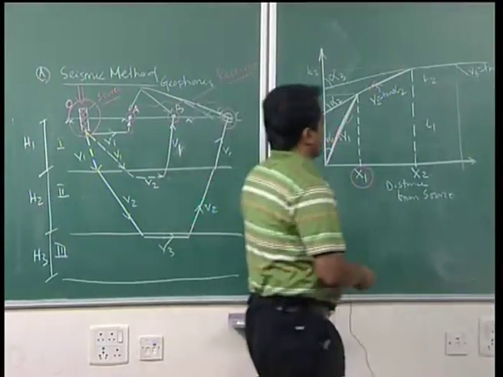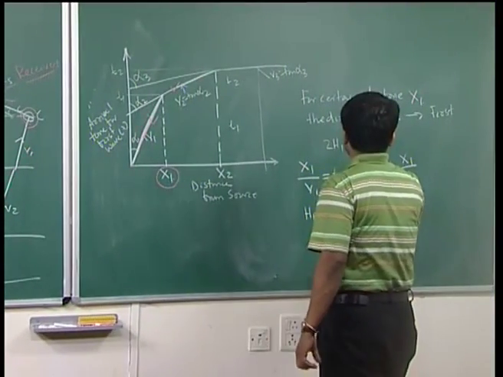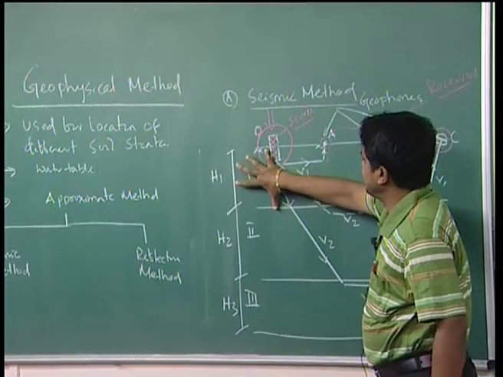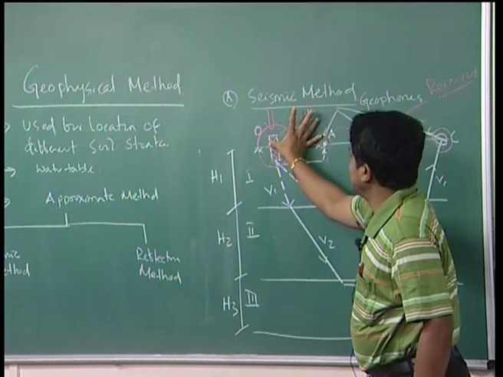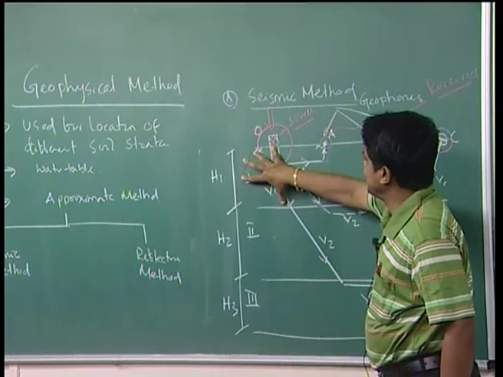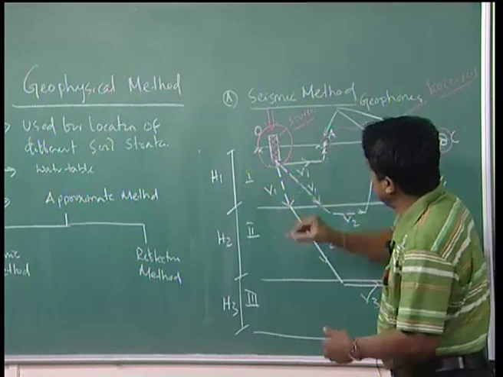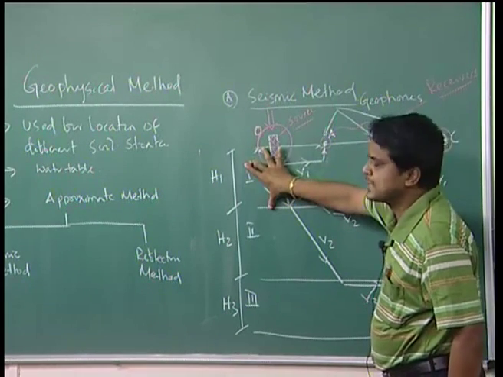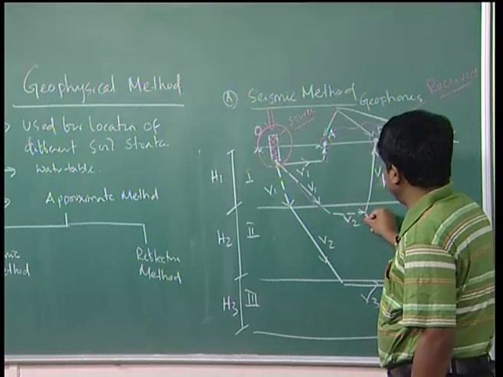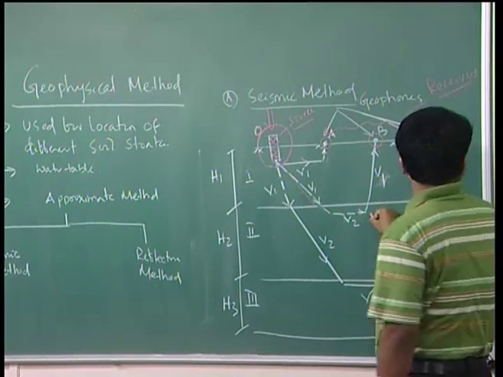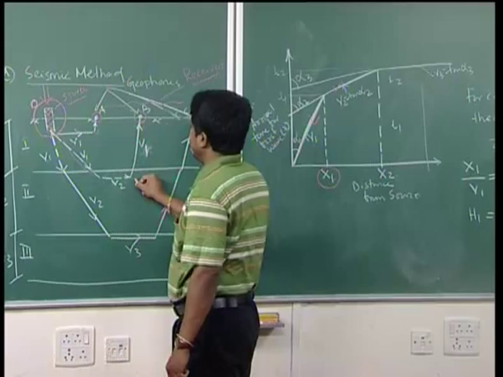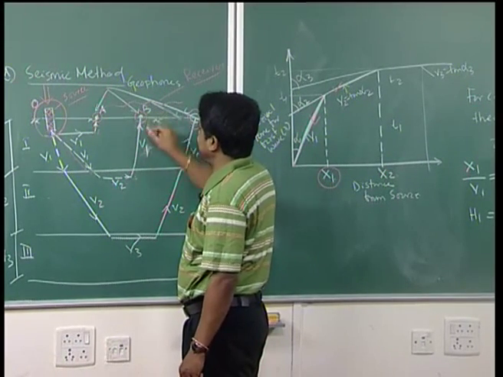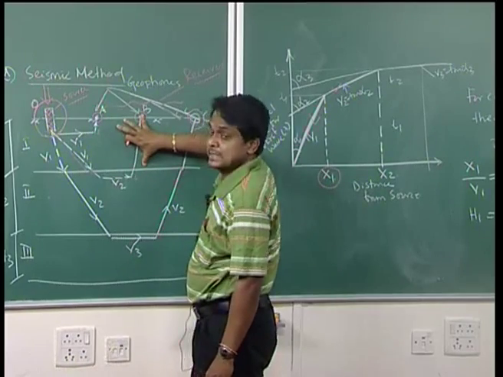So 2 h1 by V1, that means h1 becomes a distance, because it travels from here to here, covering the distance h1, then it is reflected, then it travels a distance x1, then it is again refracted back, again travelling a distance h1.